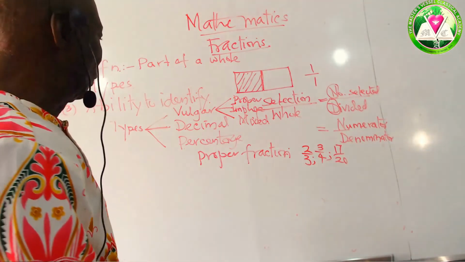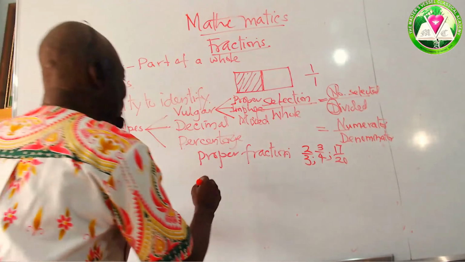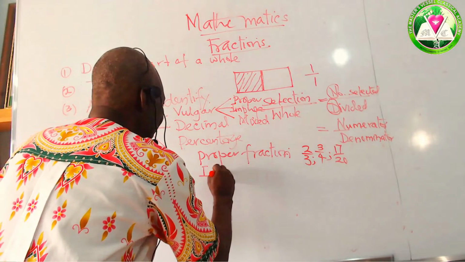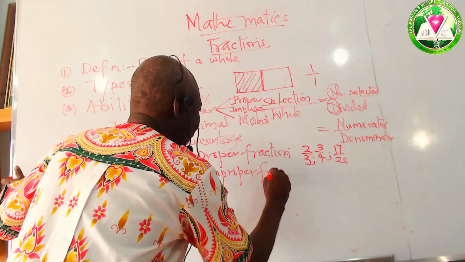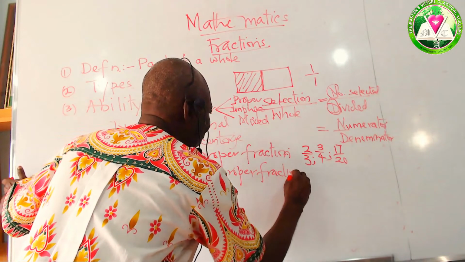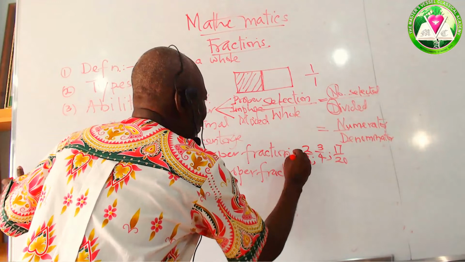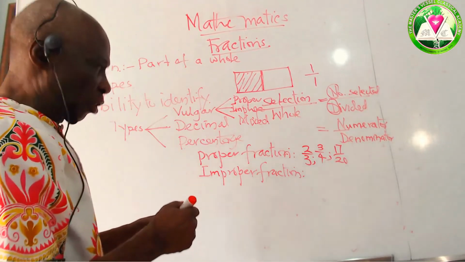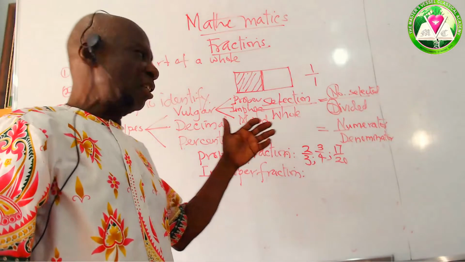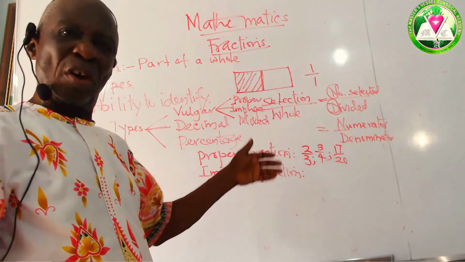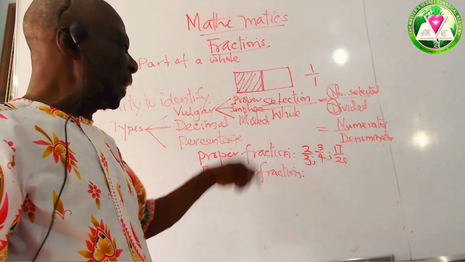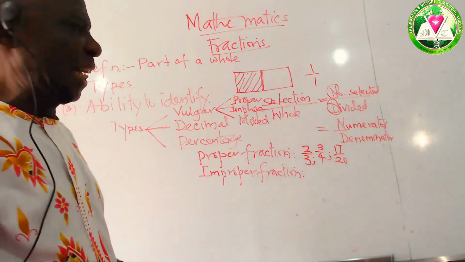Let's consider the case of improper fraction. For the improper fraction, as demonstrated some few minutes ago, here the numerator is bigger than the denominator.